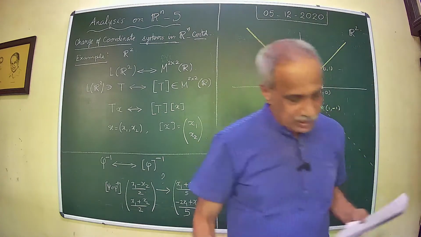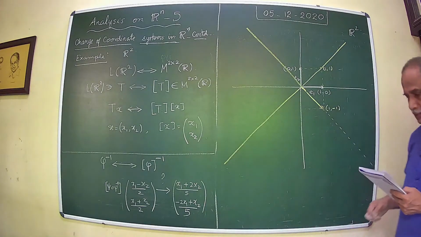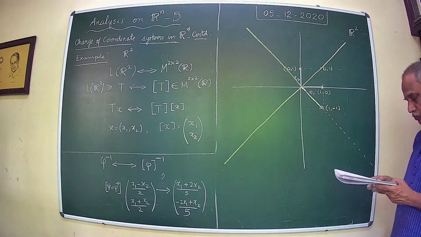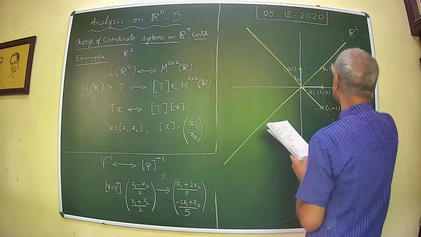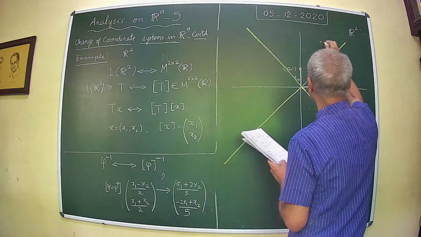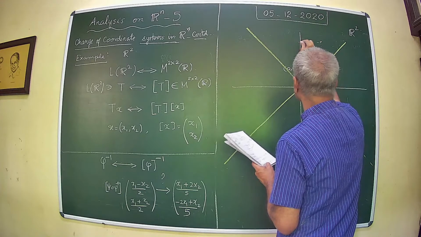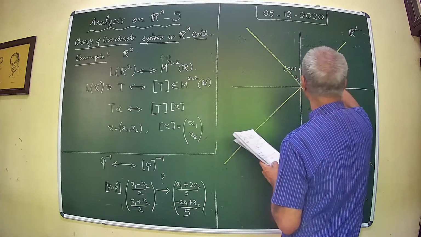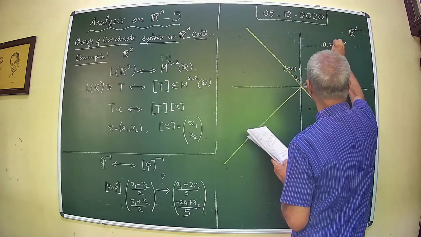What is the third coordinate system that comes into play? The third coordinate system that comes into play is in fact 1 2 and minus 2 1. So 1 2 is this one. This is 1 2.